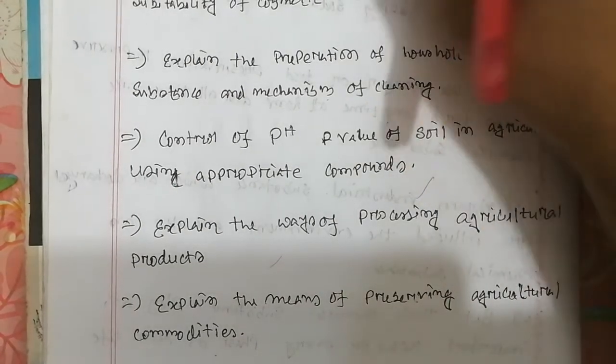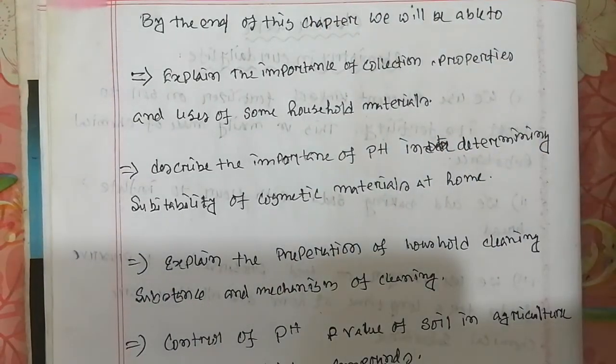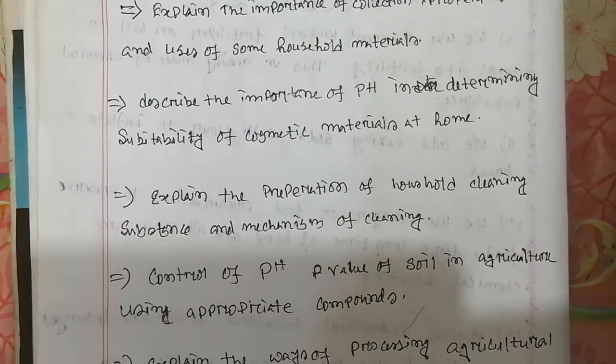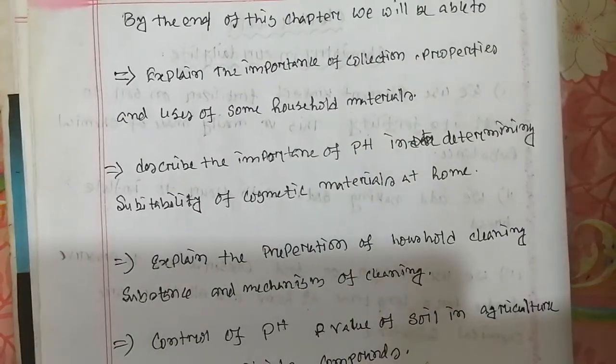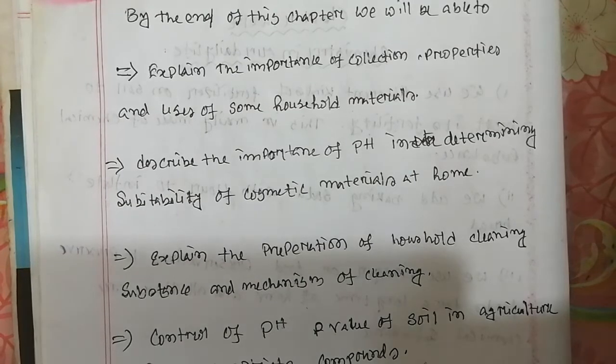So this is the explanation of chemical substance which are used in our daily life, and after this chapter we will be able to know more about it.